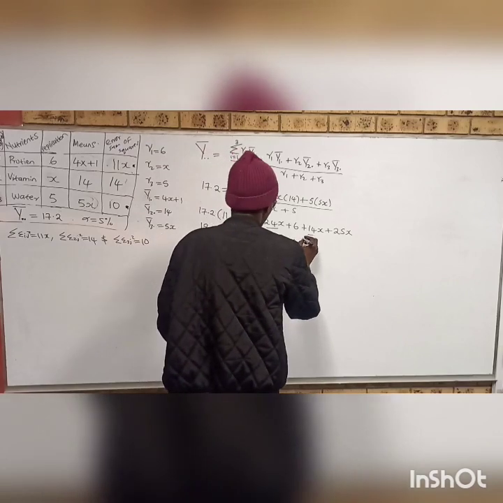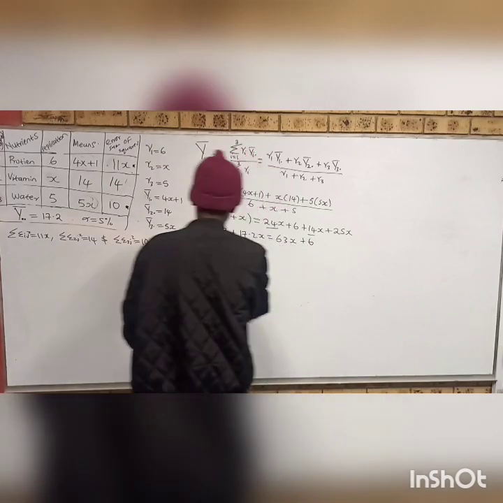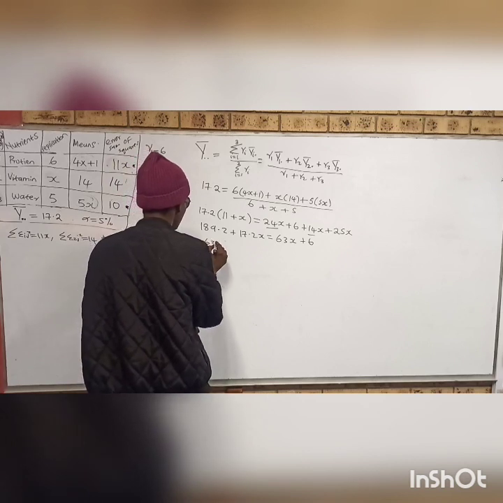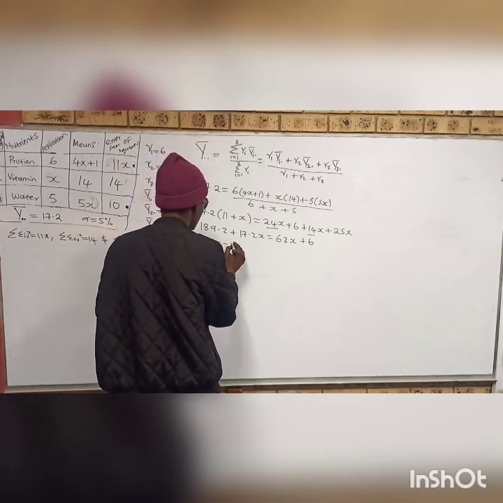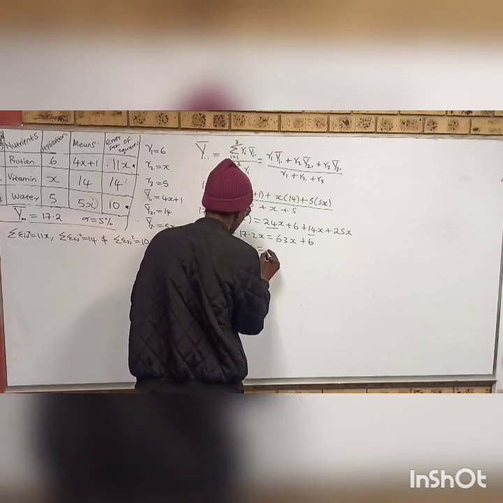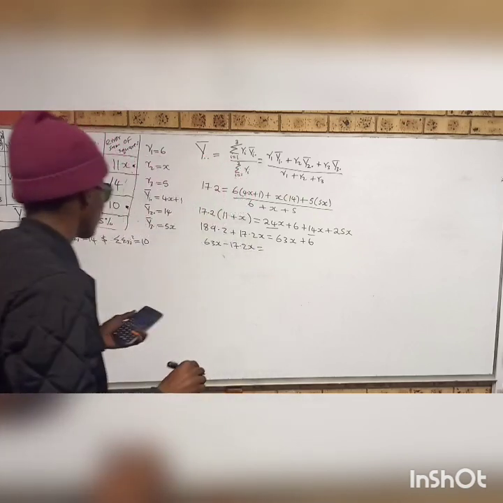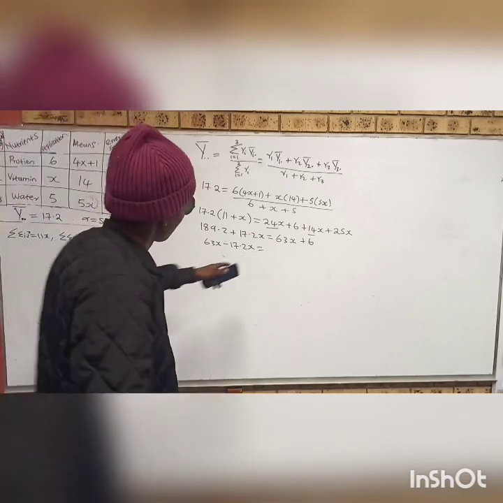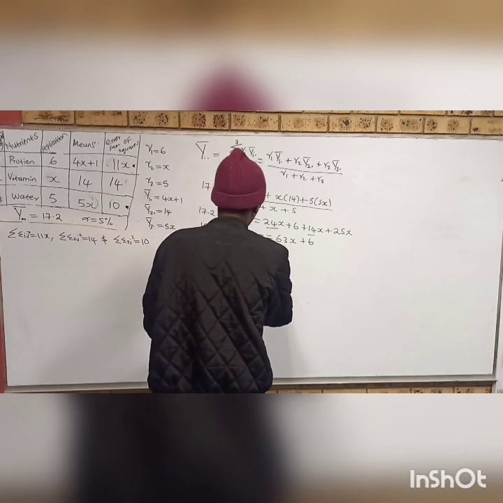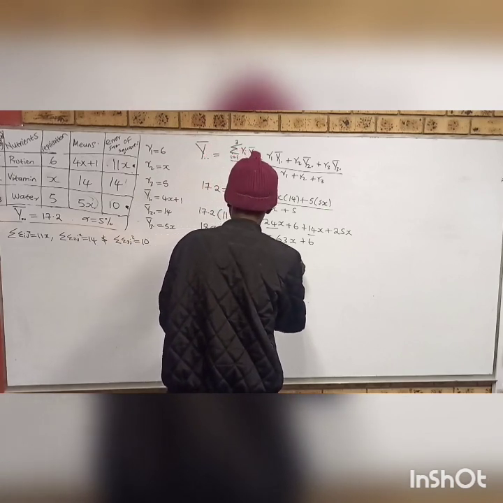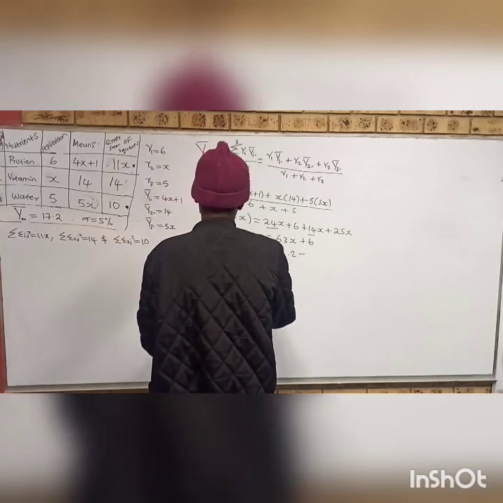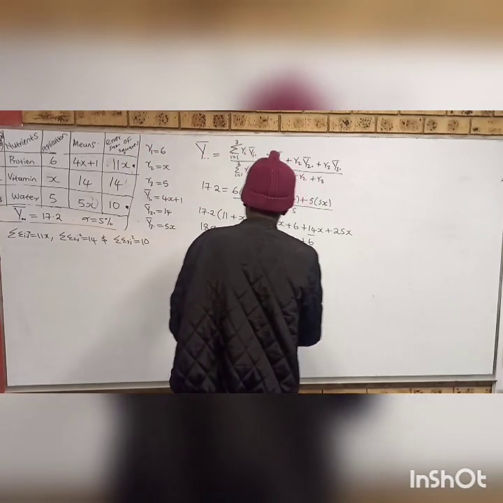Plus the 6. Making x the subject, I can write 63x minus 17.2x is the same as 189.2 minus 6.